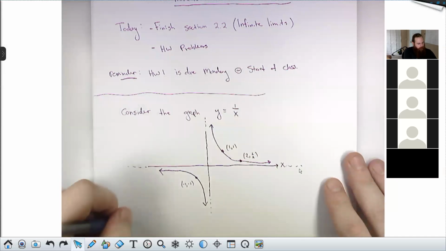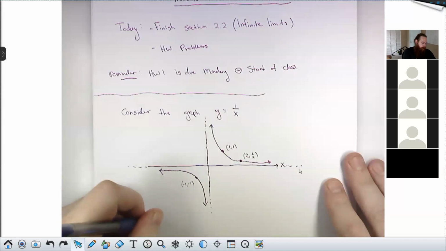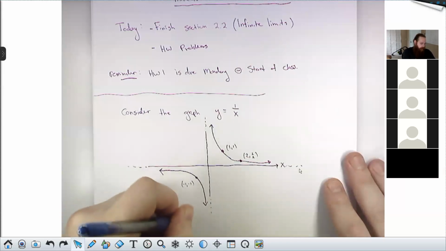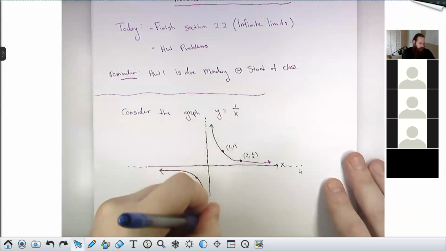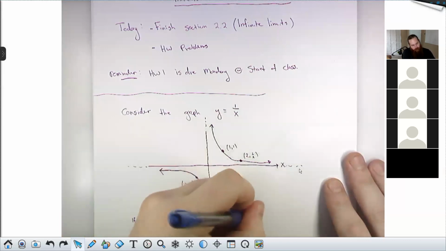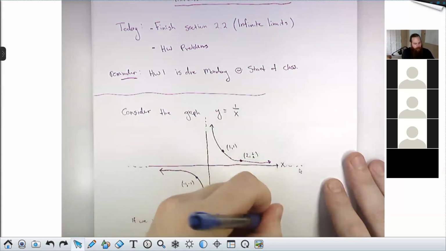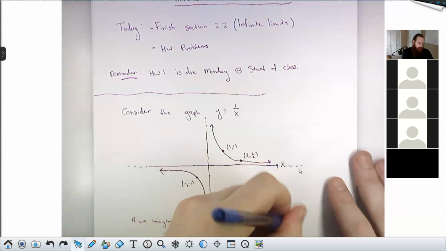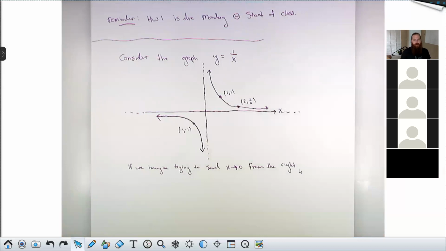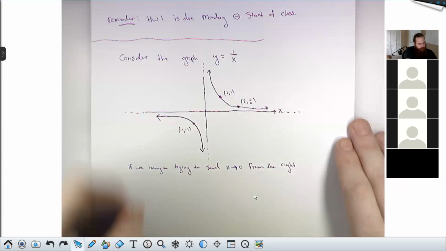So if we imagine trying to send x to 0 from the right, that means we want to ask, as I let x get closer and closer and closer to 0 from the right-hand side, what are the y values approaching?